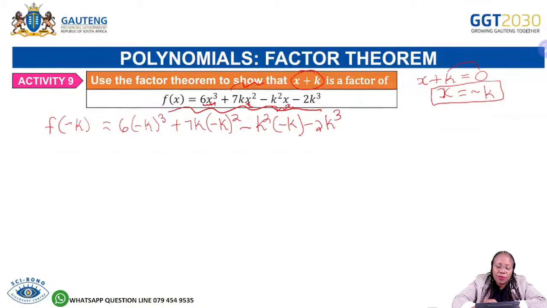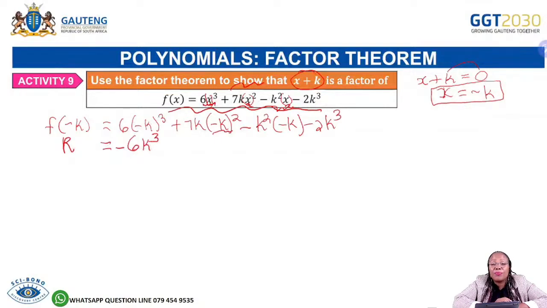Grade 12, can you see that? Remember I said the tip is that you can put brackets so that you can see exactly where to substitute, to avoid confusion. The minute you have substituted, this is now a remainder. Negative k cubed times 6 is minus 6k cubed.